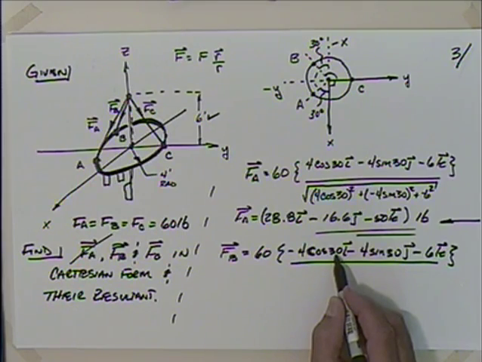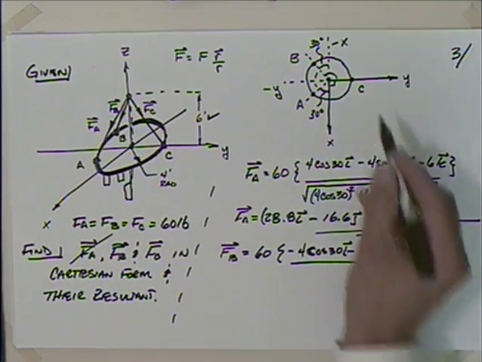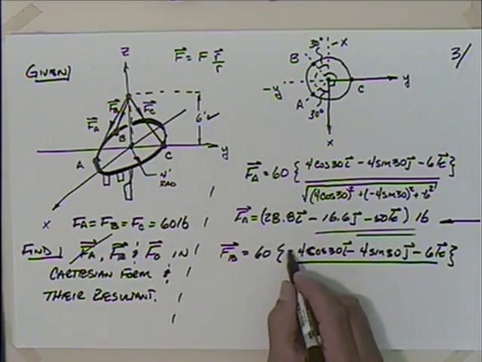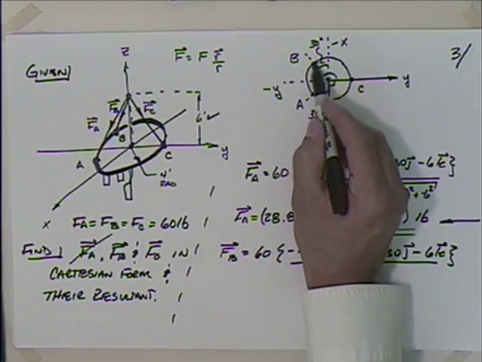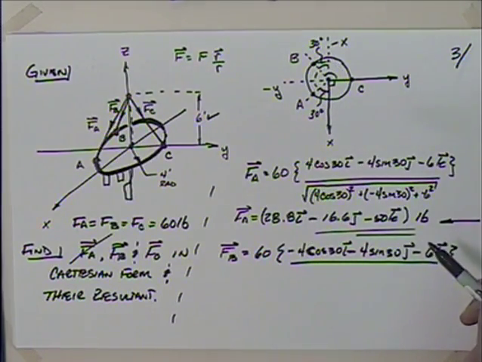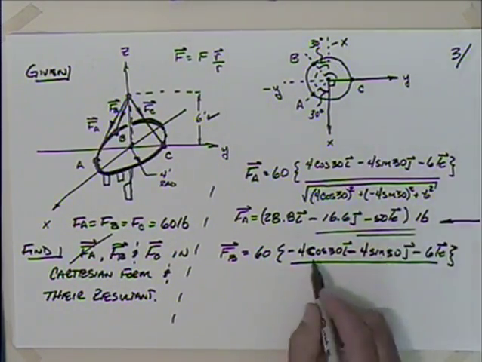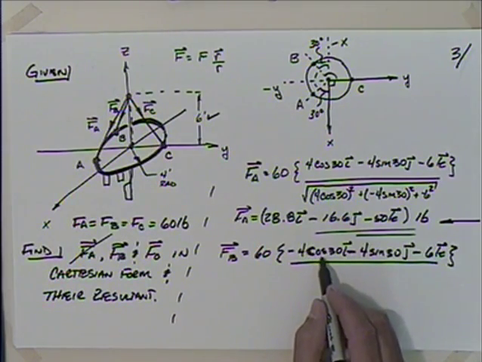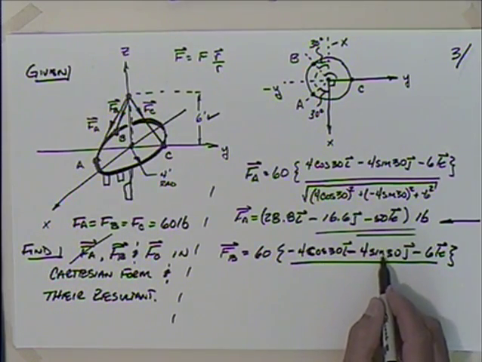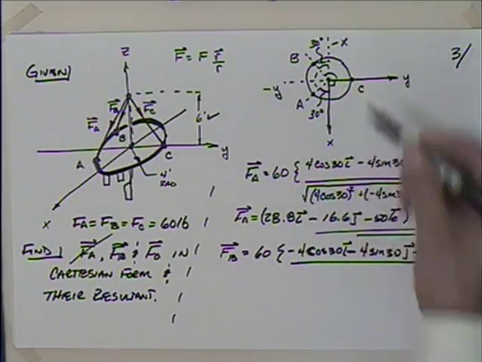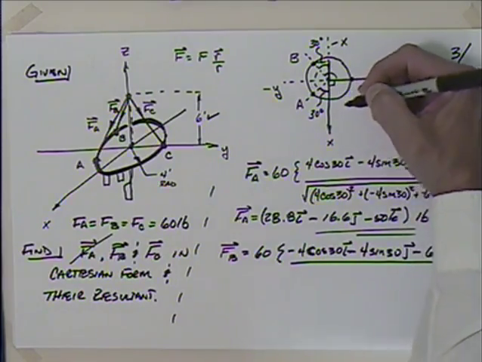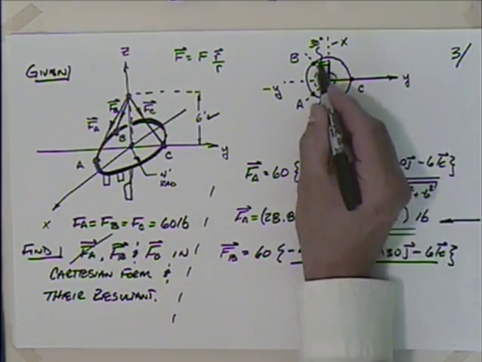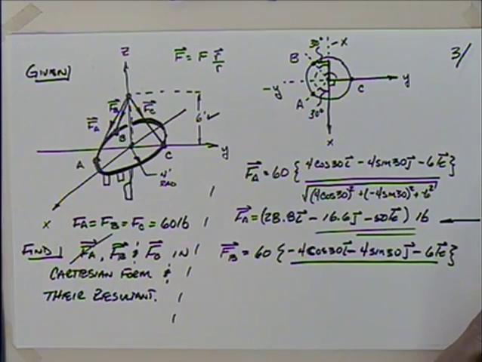And then in the minus y direction, so these would both be negative, I'm going to have this piece over here, which is going to be 4 times the sine of 30. So you could say that this was minus 4 sine 60 and minus 4 cosine 60, but since I've got the 30 defined, I will use the cosine of 30, which is this side here, that's the x piece, and the sine of 30, which is that side there, that is the y piece.